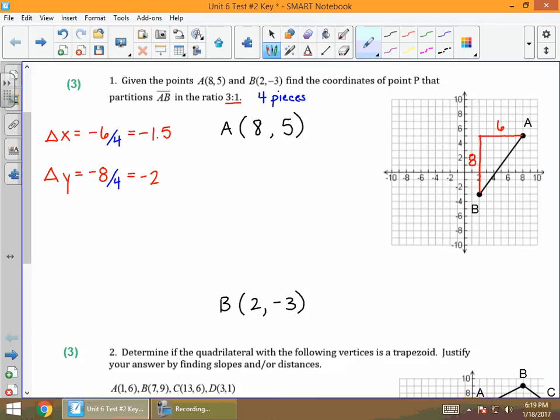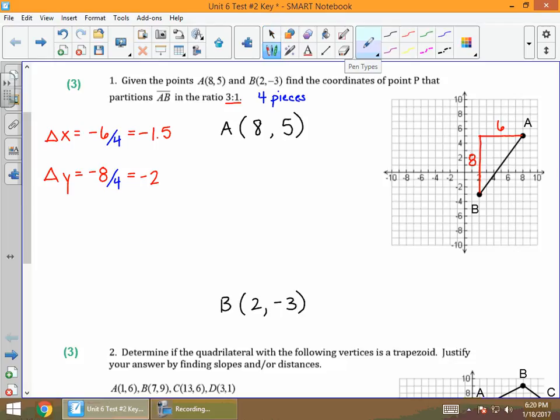So I need some points in between those two. Now, some of you knew the little shortcut here. How many points go in between? If there are 4 pieces, there are 3 points in between. That's what makes up the 4 pieces: you break it 3 times, breaking another piece off each time.